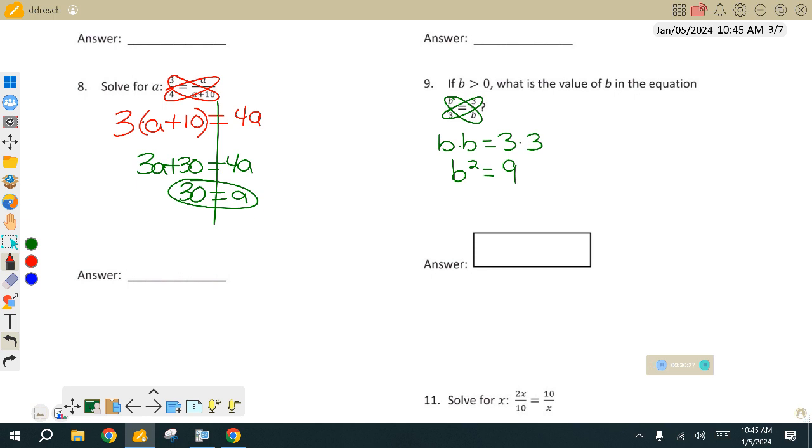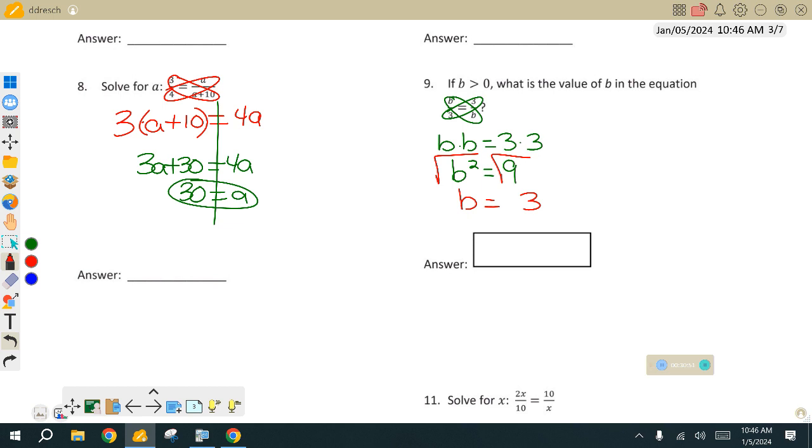So we only know one method right now of how to solve a quadratic. The next couple weeks is going to be to our next method. How do we solve our quadratic? Take the square root. Square root both sides, because this is a quadratic equation. All right, and what's my solution there? B equals what? 3.